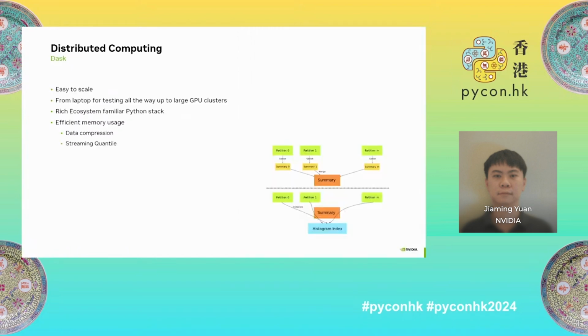If you have used the traditional Python data stack like NumPy or pandas, then it should be quite easy to get familiar with the Dask stack, because it basically mimics the NumPy and pandas interface.